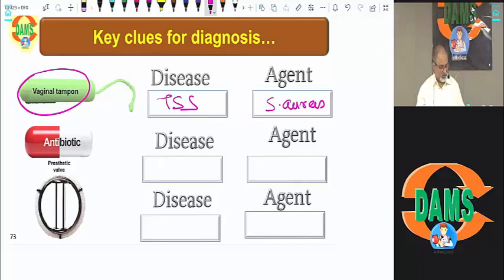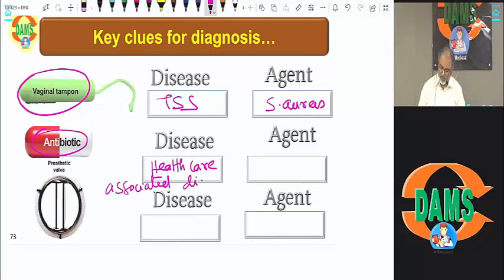Next is antibiotic-associated colitis, called healthcare-associated diarrhea: Clostridioides difficile.